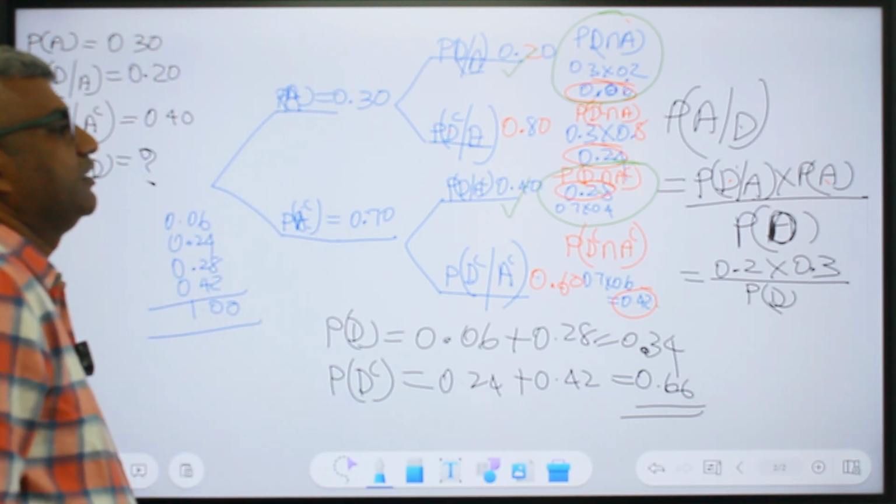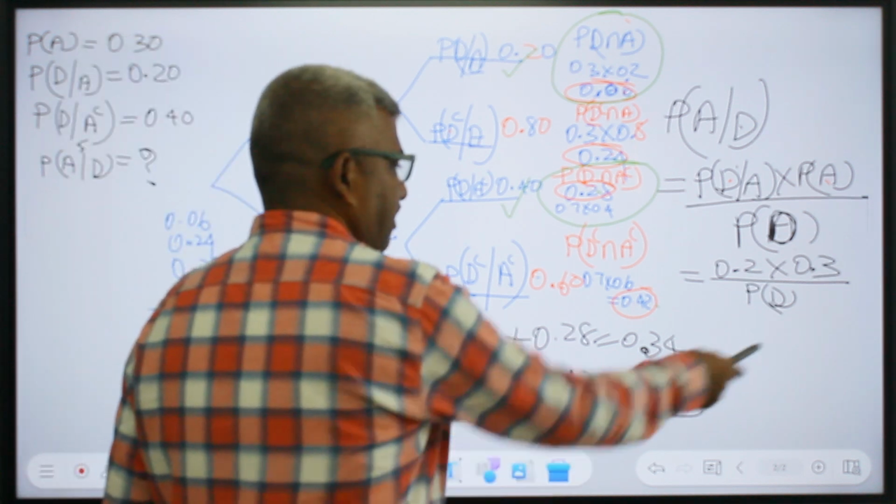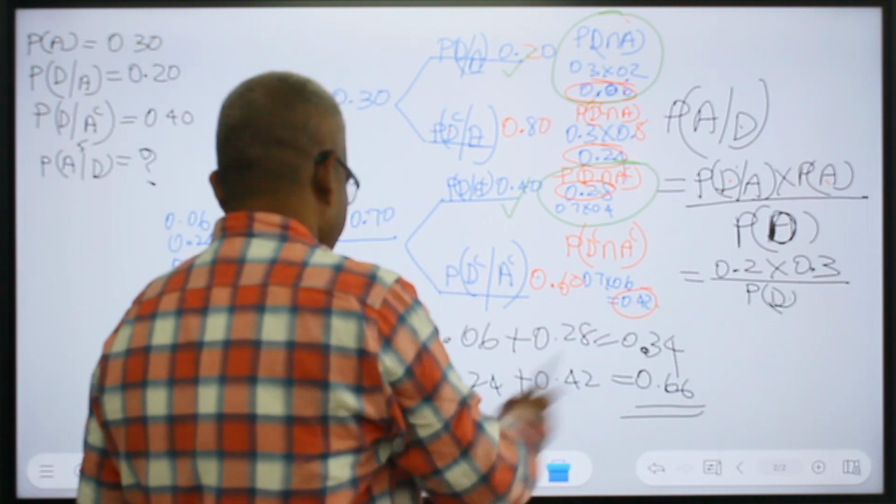Okay. Now, what is the value? What is the probability of D? 0.34.